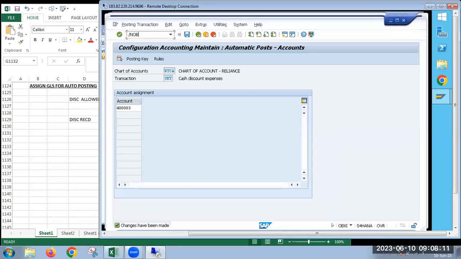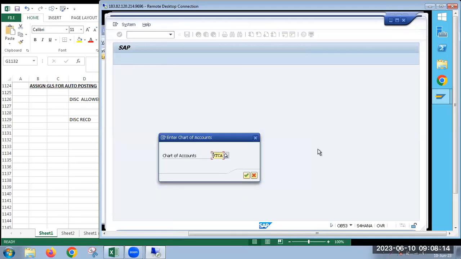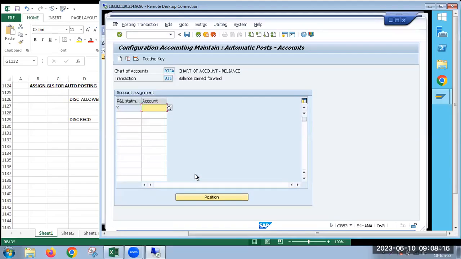In OB53, from the same chart of account, we activated this functionality. We have not specified any GL, but here you can see by the transaction key BIL, we will be assigning this GL account. We activated this function because we have to create the P&L accounts, incomes and expenses. For this, this configuration is enough. So we made the activation, but again, a GL account has to be specified with the transaction key BIL.